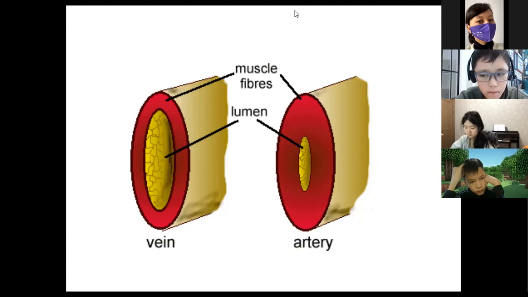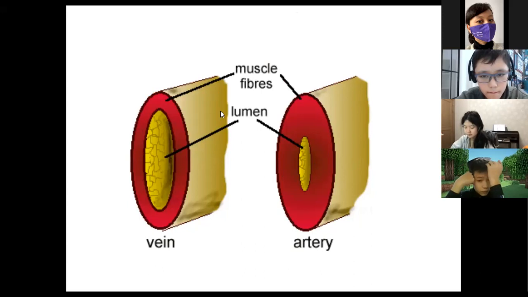The third type of muscle is called smooth muscle. This is muscle fiber. This one is the thickness of the muscle, the internal part, and this small round circle inside, the hollow, is called the lumen. Compare the lumen. Artery has a smaller lumen, vein has a larger lumen.